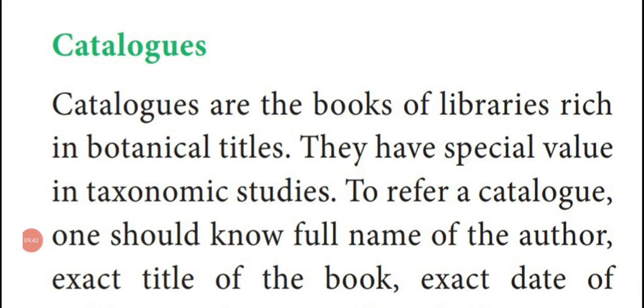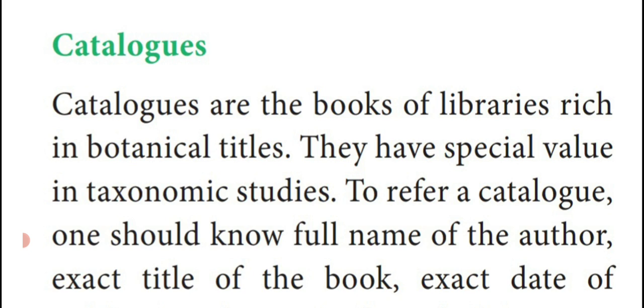Dear students, the next key is catalog. Catalog means it is in the form of a book which is placed in the botanical libraries, which contains botanical titles. These catalogs have special value in taxonomic studies.